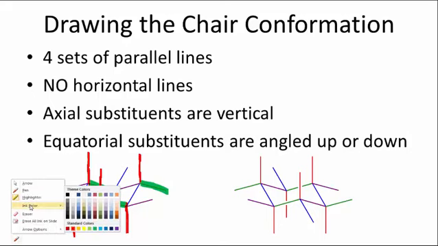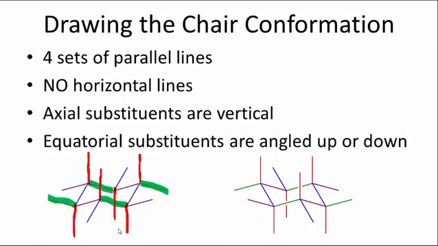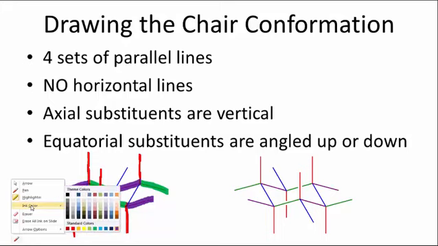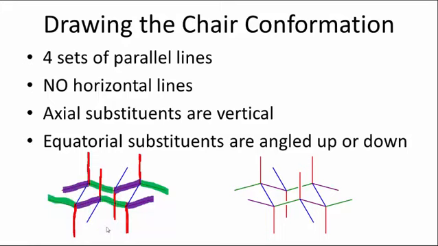I've got these purple bonds here, 2 of them in the ring and then a couple of them coming off the ring. And then I've got my blue ones here, here, here, and here.